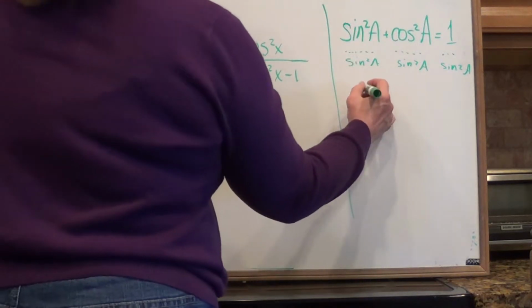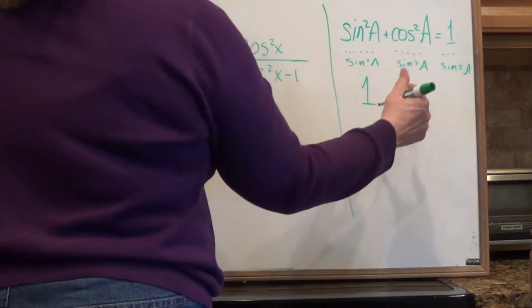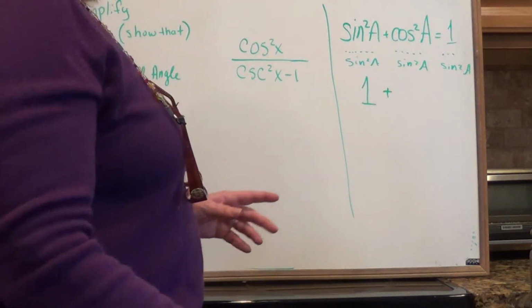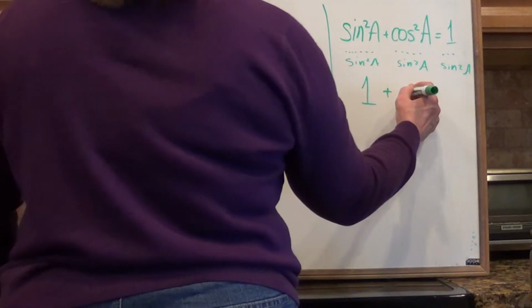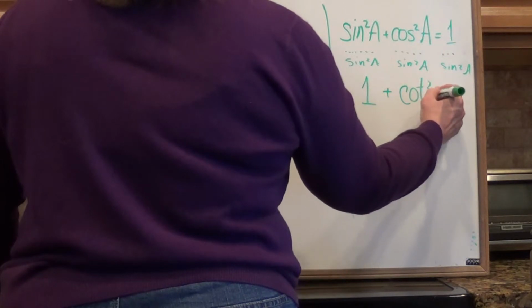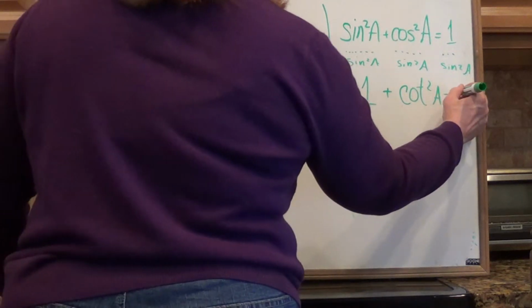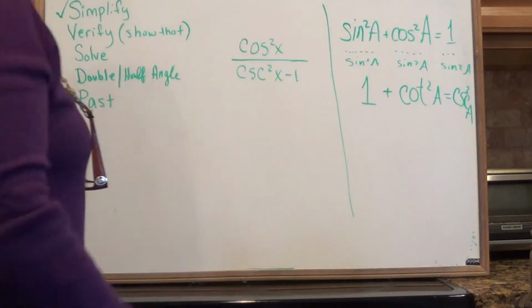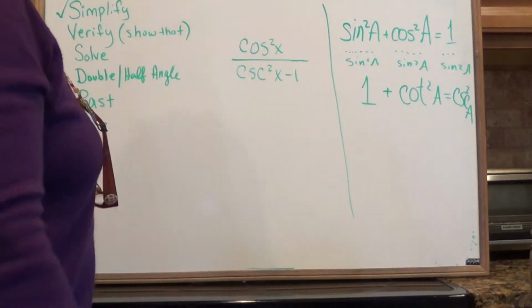Sine squared divided by sine squared is 1, and cosine squared divided by sine squared is cosine over sine, being cotangent, that's one of our identities, squared. And 1 over sine squared is cosecant squared, since sine and cosecant are flips of each other. So 1 plus cotangent squared of an angle is cosecant squared of an angle.